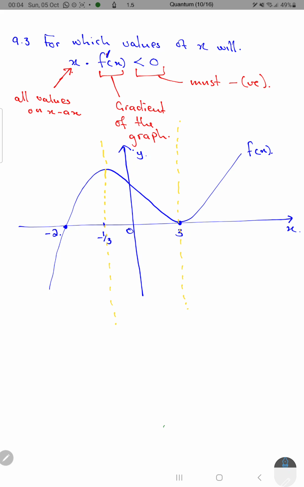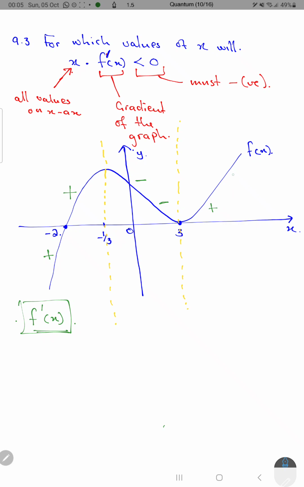We have our graph of f of x, which we drew before. If you look very carefully, our f prime of x, which is in green, is the gradient. When the line is going up like this, it is a positive gradient. All these are positive gradient, and this part here is a negative gradient.